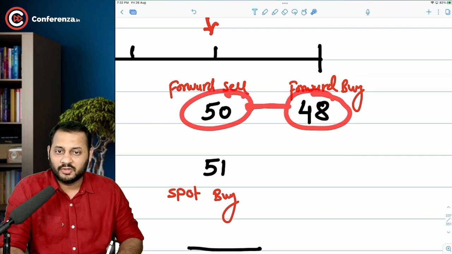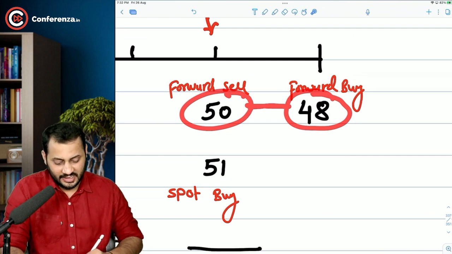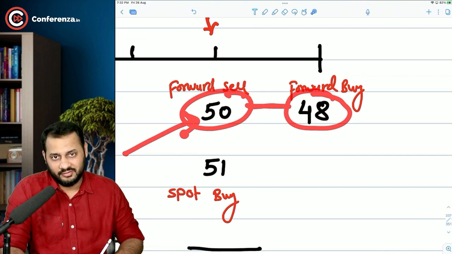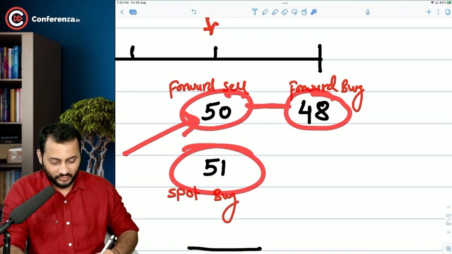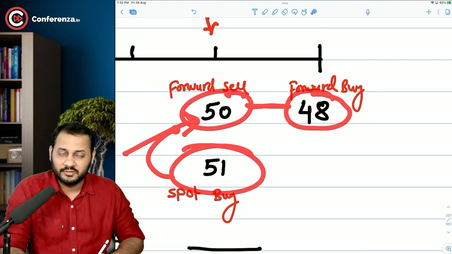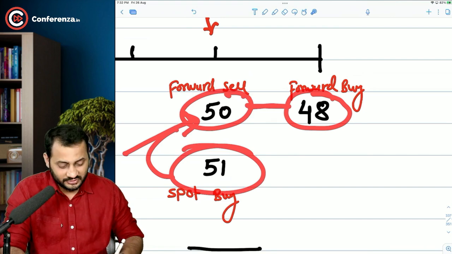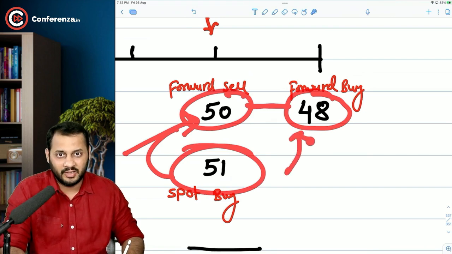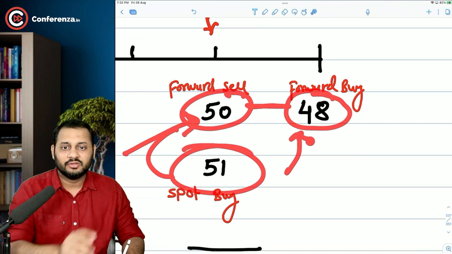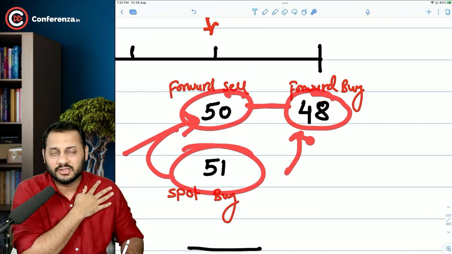True? But what happened? This guy had to marry early because of some reasons. So we found another girl for him, because this girl was not ready to marry early. So this guy got married with some other girl.